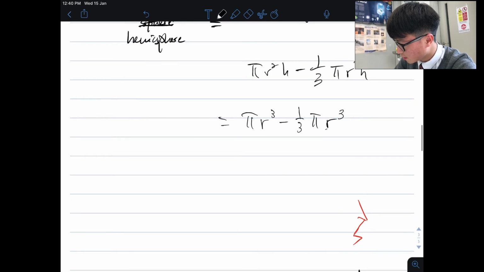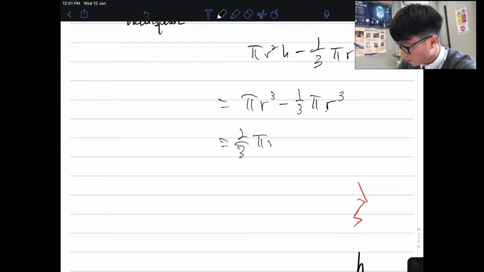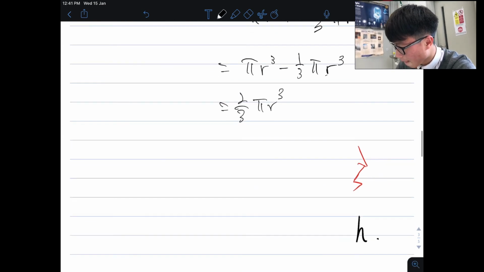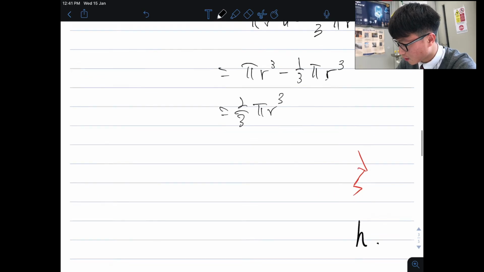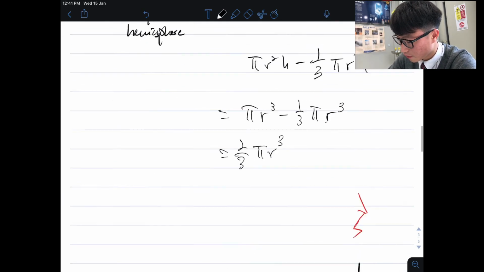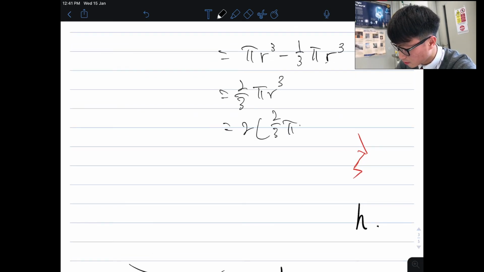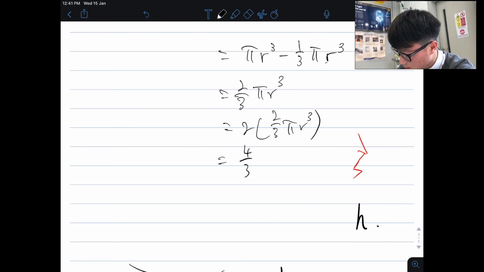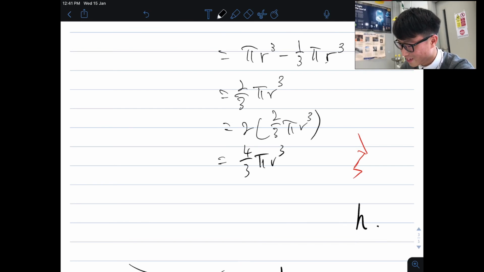Therefore, because the hemisphere is half of a sphere, the volume of a sphere is 2 times this amount, and so we can conclude the volume of the sphere is this. This is the end.